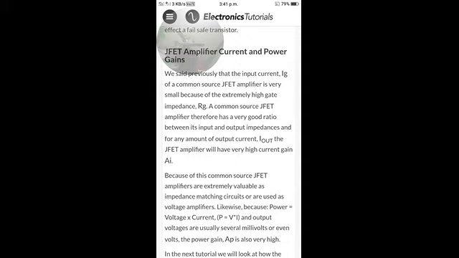The input current IG is very small because the gate impedance RG is very high. So therefore a common source JFET amplifier should have a very good ratio between the input and output impedances.